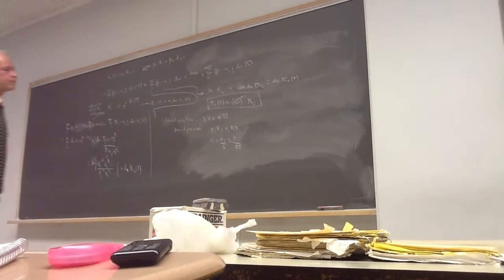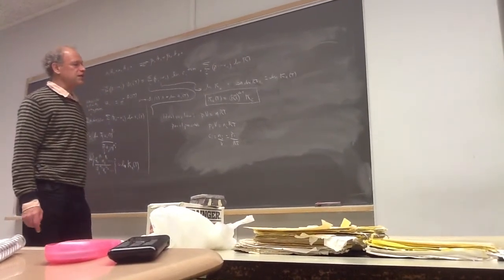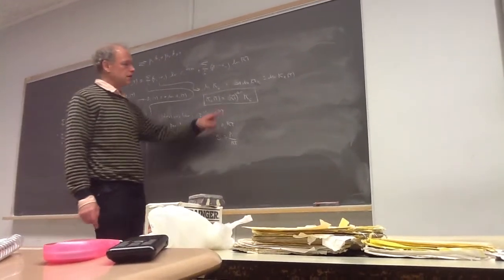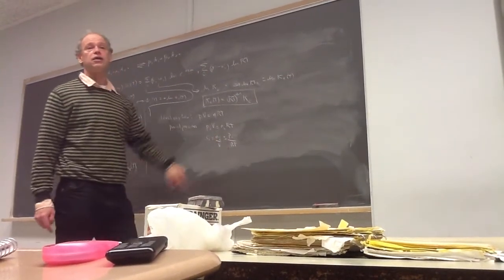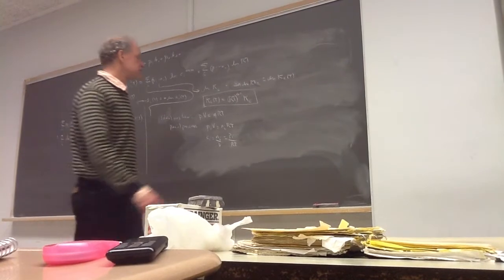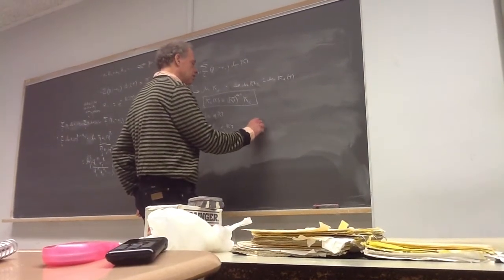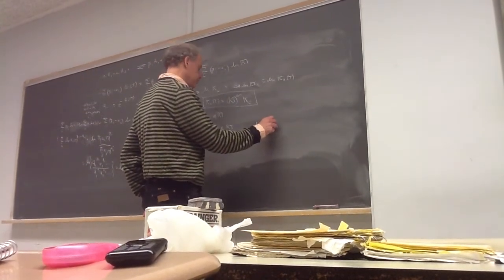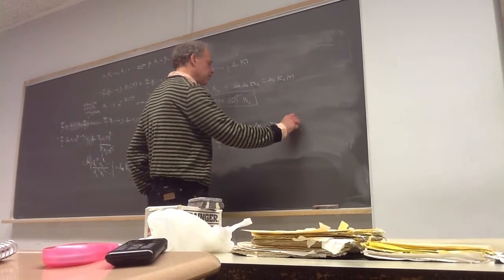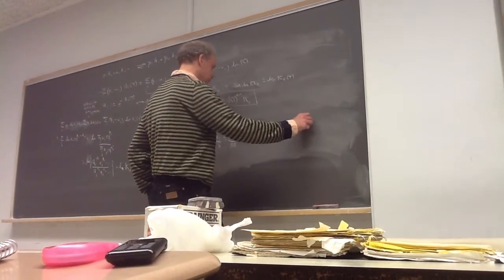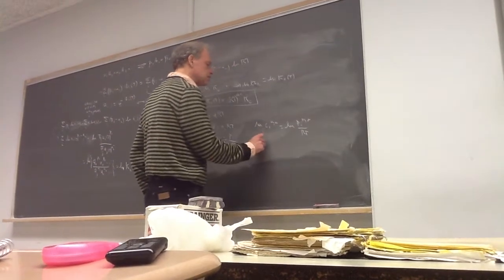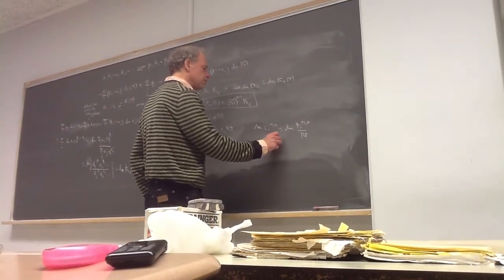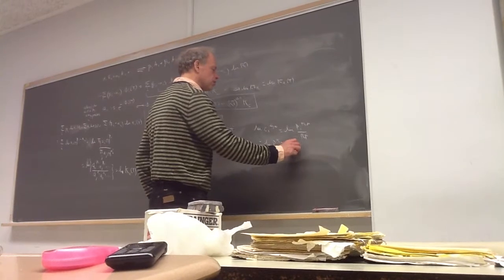So immediately, wherever I see a Ci, I can replace the Ci by Pi over RT. So log of Ci equilibrium is equal to log of Pi equilibrium over RT, which is the log of Pi equilibrium minus the log of RT.